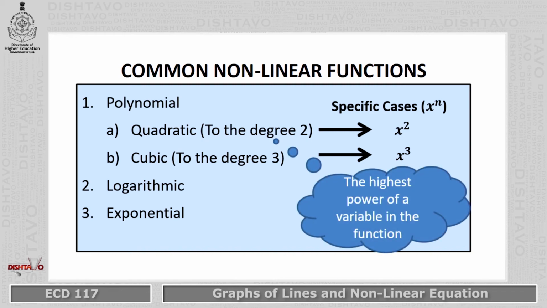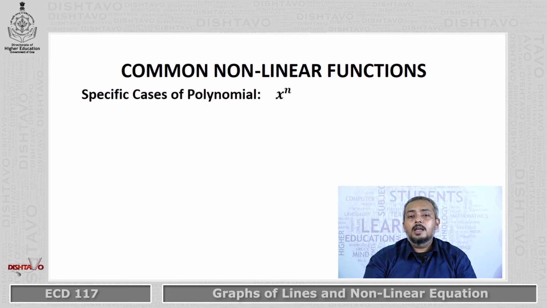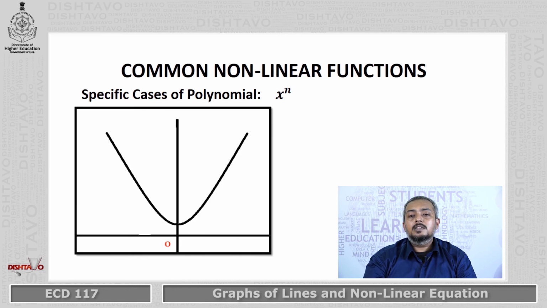A quick note for you on what that degree means. The highest power of a variable in a function is called the degree. So if I had an equation in which the highest power of the x variable was 2, then we say it's a quadratic equation of degree 2. If it's a cubic function, we have x to the power 3, then we say that is a cubic function of degree 3. Okay? Now let's look at those graphs. Let's take those first two cases. This is the first case where we have y is equal to x squared, and you see the curve looks almost U-shaped, right?